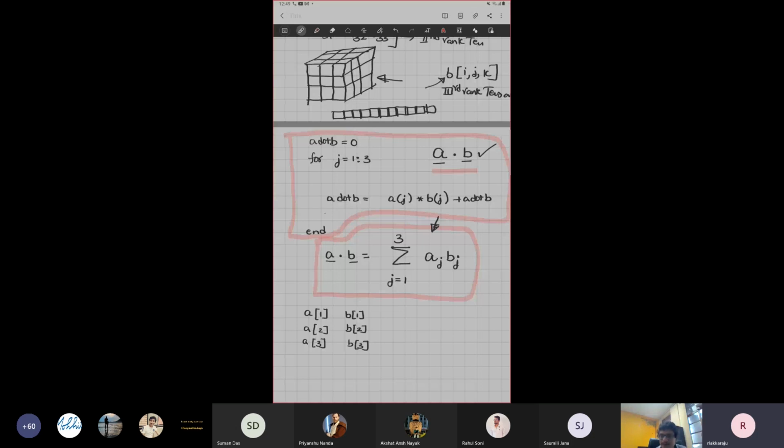Hello? No. In shorthand form, people even write it. Why do I even have to use the summation symbol? A dot B is equal to A_i B_i. I don't want to even use summation for ordinary calculations. Whenever two indices are the same, they are one and the same.